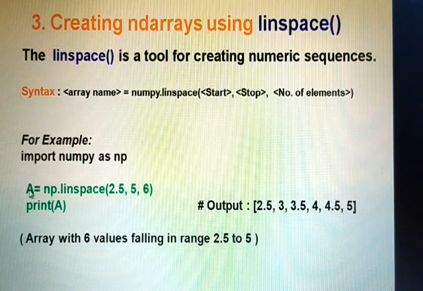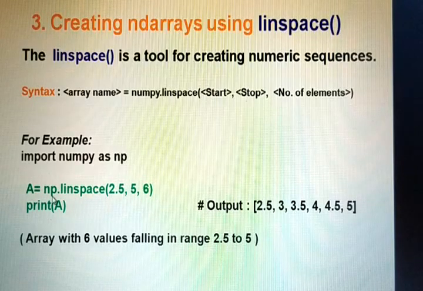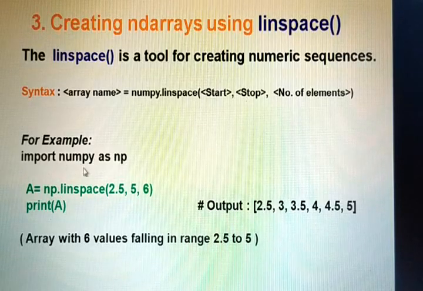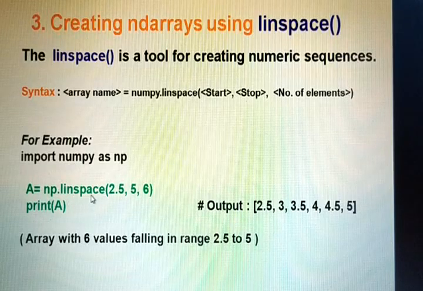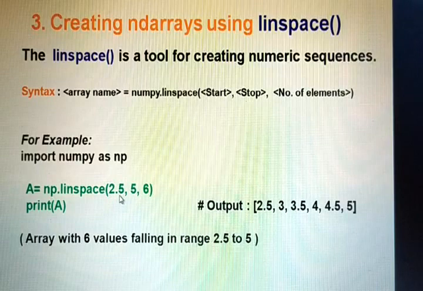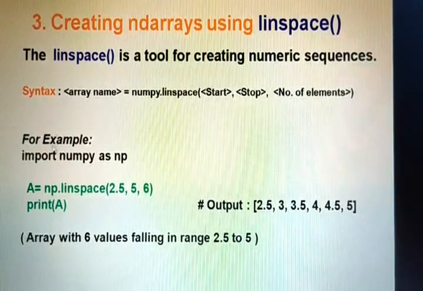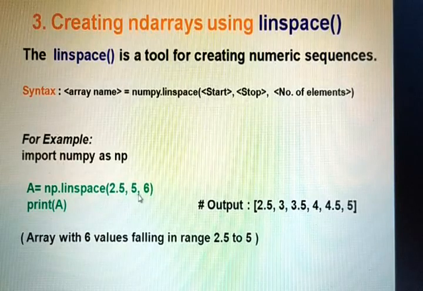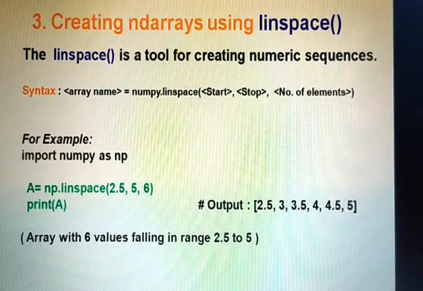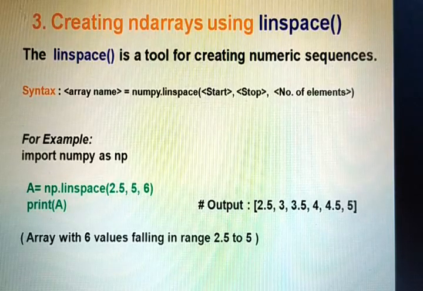Here a is the array name, np is the identifier of numpy that is assumed in the import statement, and linspace is the function. Here 2.5 is the start value, 5 is the stop value, and 6 is the number of elements to be generated for the array.